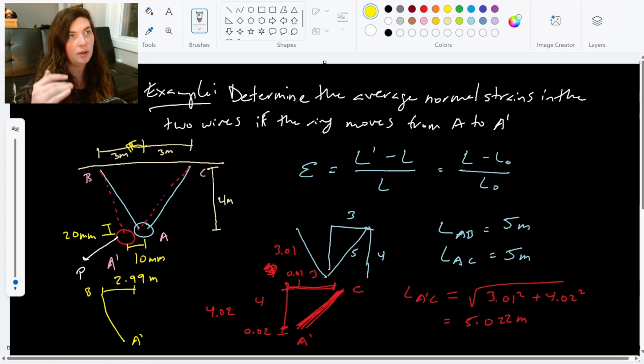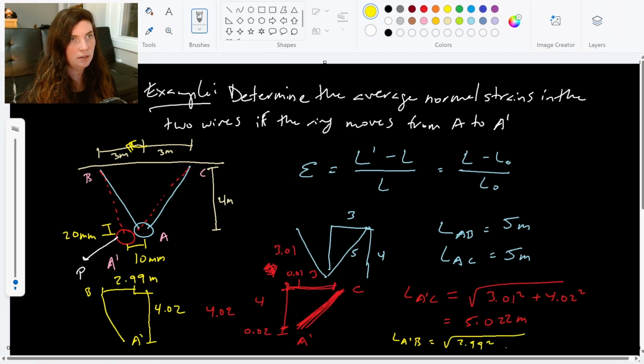And then my Y direction, it's still being stretched down. So this distance here is again the 4.02. So my length of A prime B is going to be the square root of 2.99 squared plus 4.02 squared. And when I punch that into my calculator, I get 5.01004 meters.